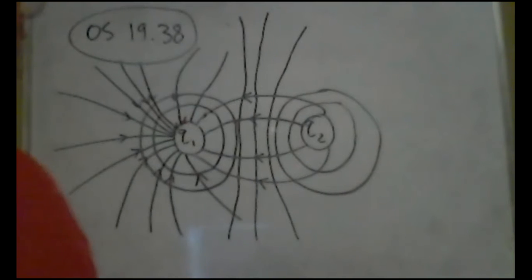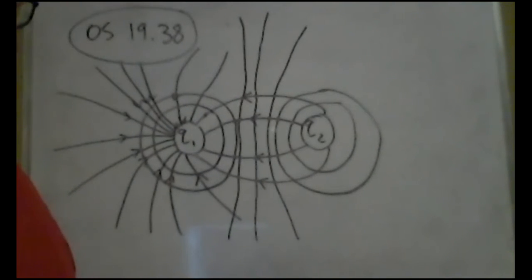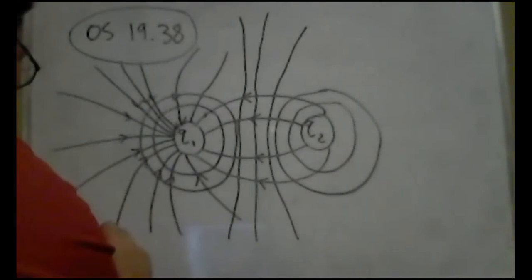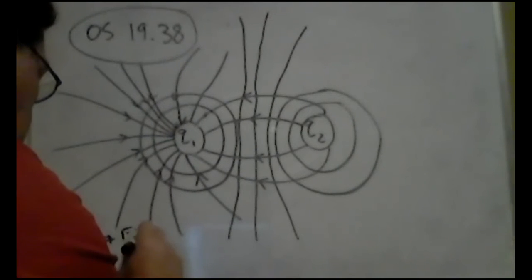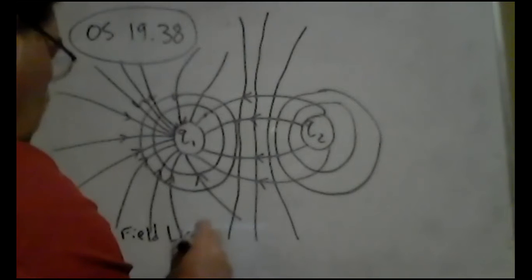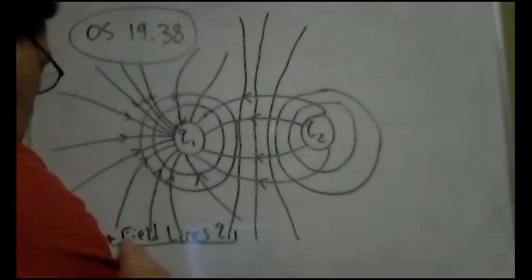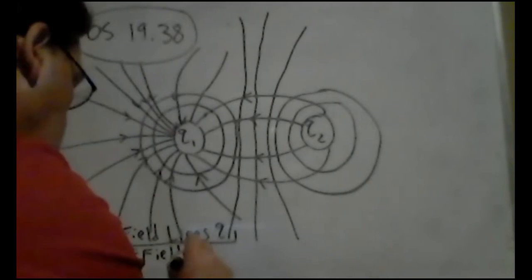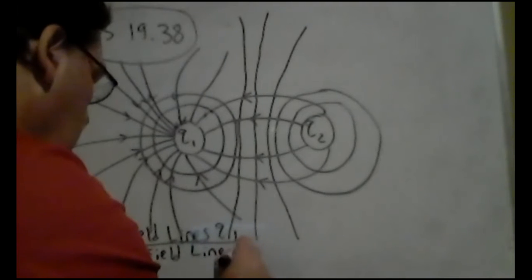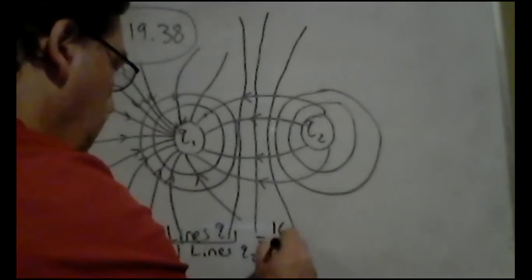Given the number of field lines, the number for Q1 divided by the number for Q2 is equal to 16 divided by 4.